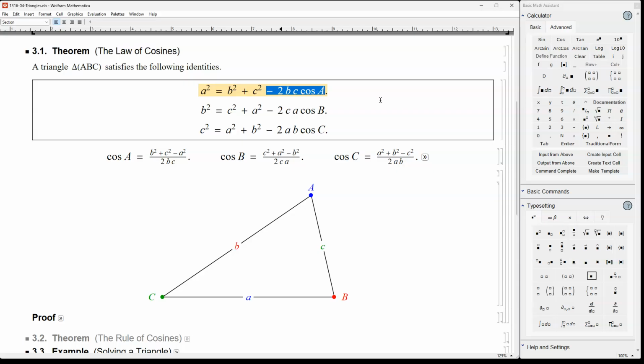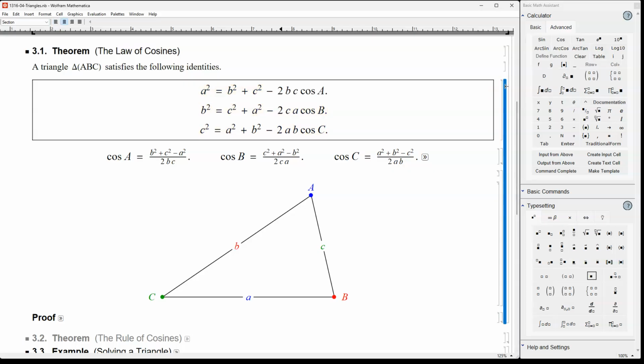Remember? Yes, indeed. If we set the angle A as 90 degrees, then cosine of 90 degrees is 0. 0 times anything is 0, so this entire part is 0 and just drops out, and what's left is the Pythagorean theorem. The same goes for angle B and angle C as well.